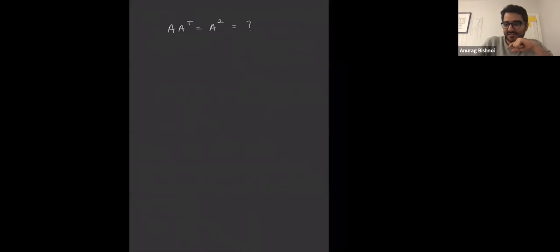What exactly is A times A transpose, or A square? What sort of entries does it have? Okay, to streamline the thing, diagonal entries equal to something and off diagonal or non-diagonal.